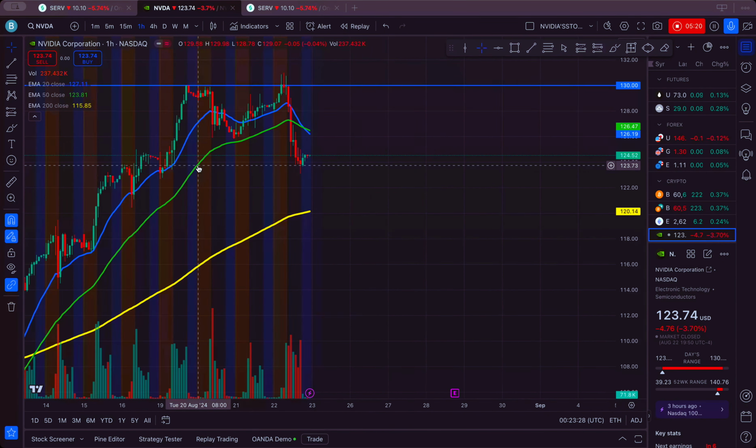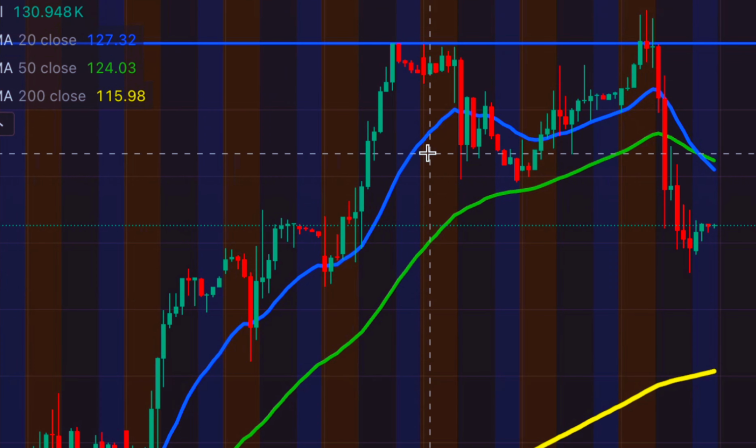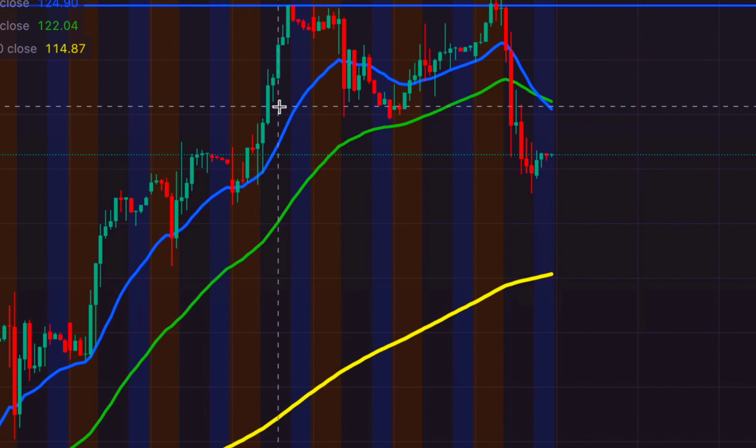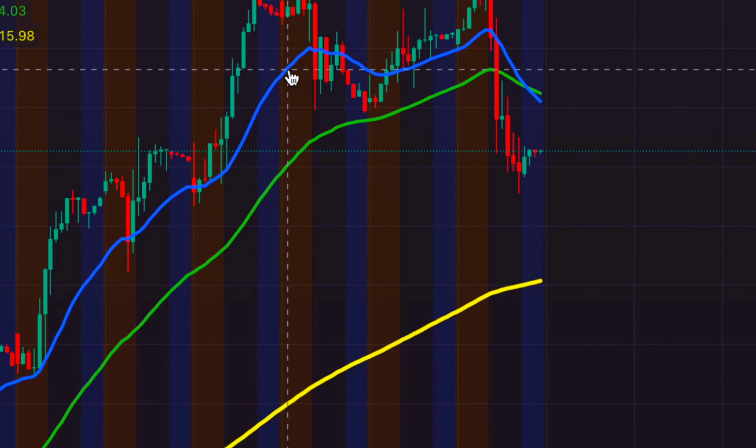As you can see, when the price is above the 20 moving average, the blue line, it typically indicates a short-term uptrend. You see this here, all the prices that are above the 20 exponential moving average indicate a short-term uptrend.